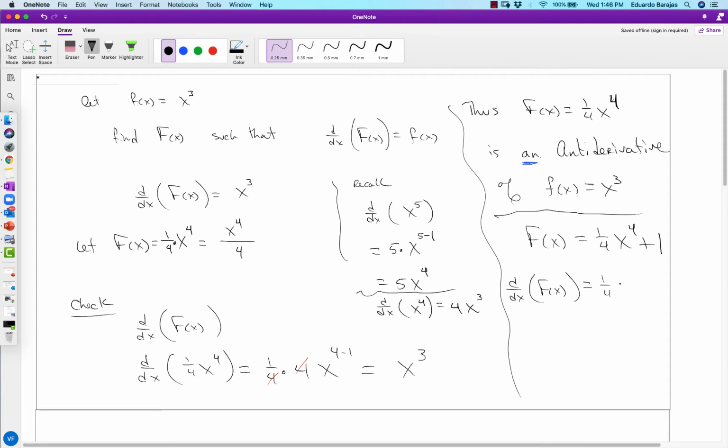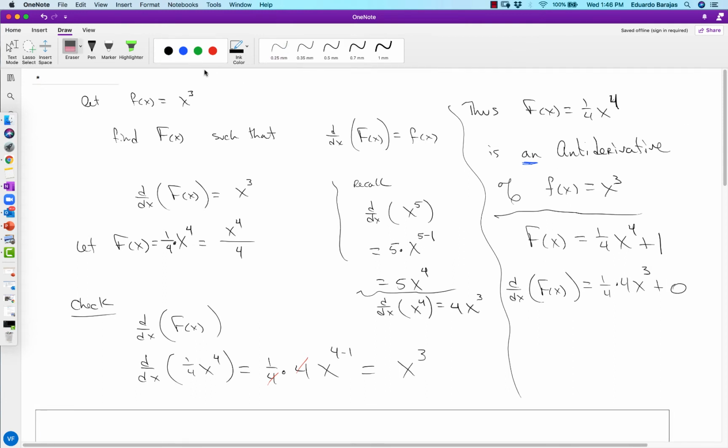I get 1/4 times 4 x to the 3rd power, and then the derivative with respect to x of 1 is 0, so we just get a plus 0 there. So the derivative with respect to x of this function is still equal to just x to the 3rd power.